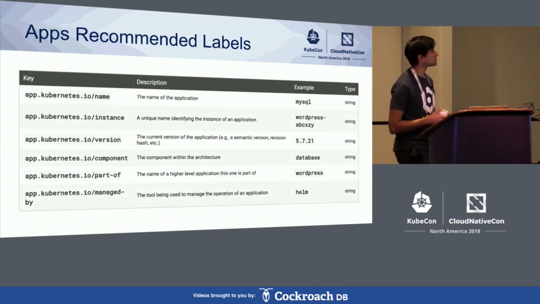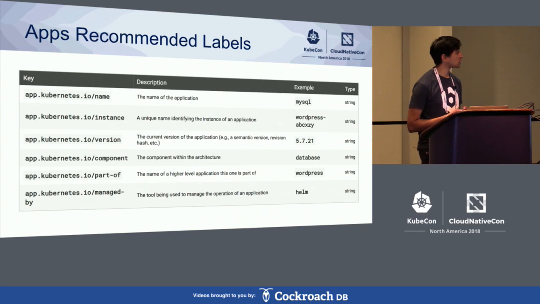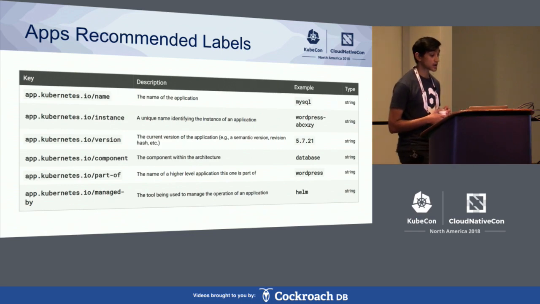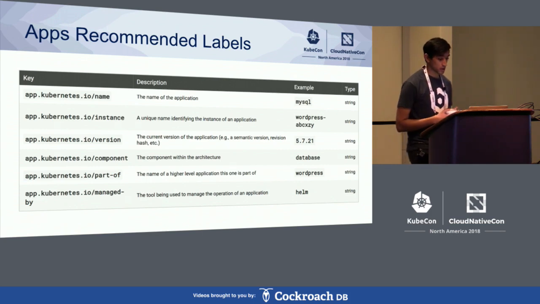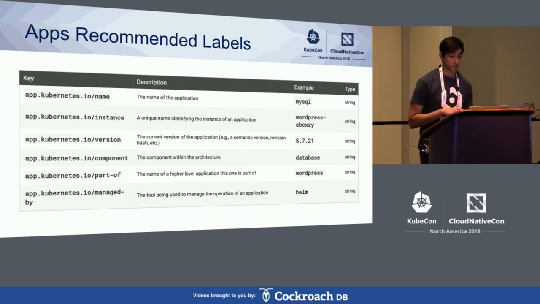Other things we worked on documentation-wise, we came up with a set of guidelines around what labels should be used within your resources to help group those resources and make it easier to find what's running in your cluster. So here's an example where you might have a WordPress application that includes a database, like MySQL.